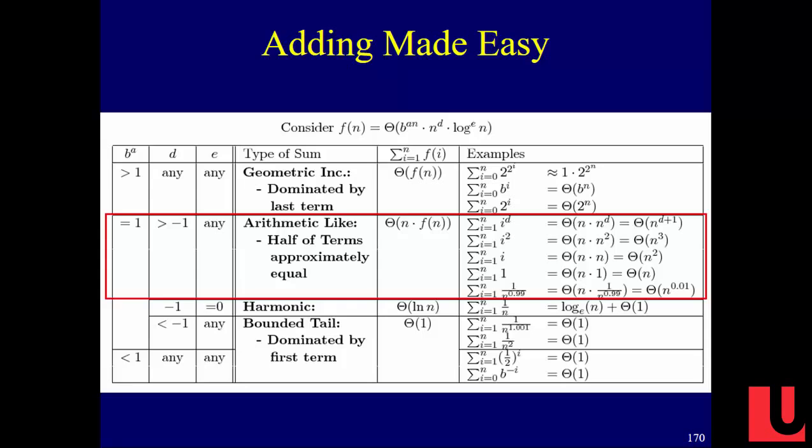Here it's saying I'm trying to add up the sum of f1 plus f2 plus f3, right, up to fn, and the function looks something like this, right? And this says if the function is arithmetic-like, it's a polynomial, right? This basically says this thing here goes away. If it's not an exponential, right, then it looks kind of like a polynomial.